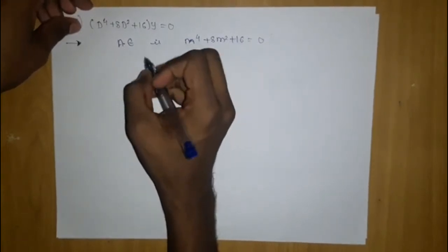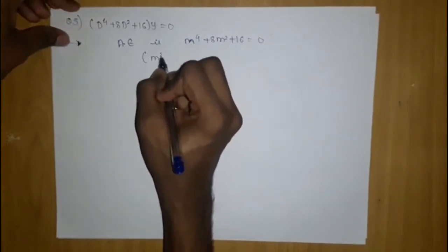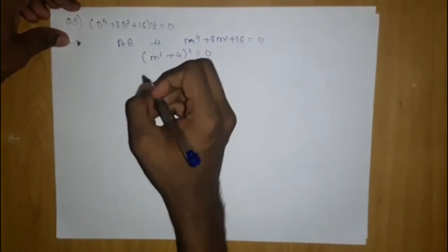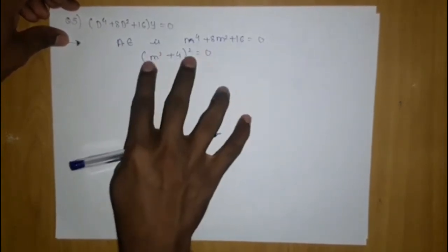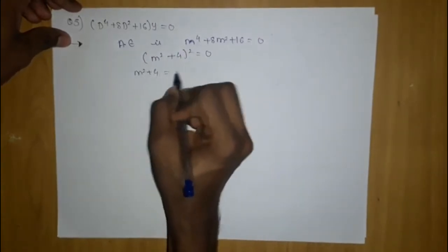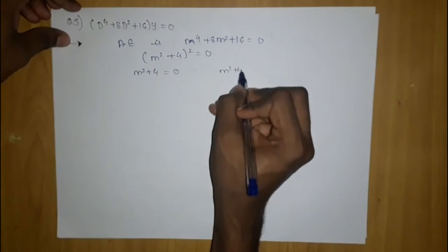If you try to solve it, you can clearly make out that this is nothing but (m square plus 4) the whole square equals 0, and this will give you the power 2. Just split them up: m square plus 4 equal to 0.